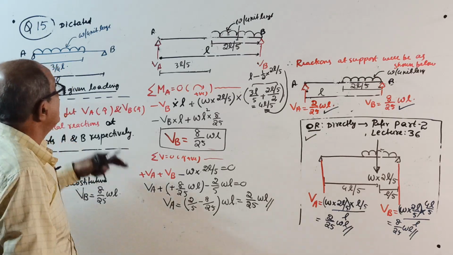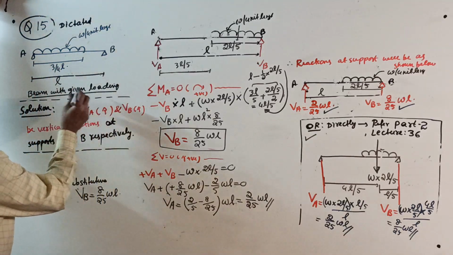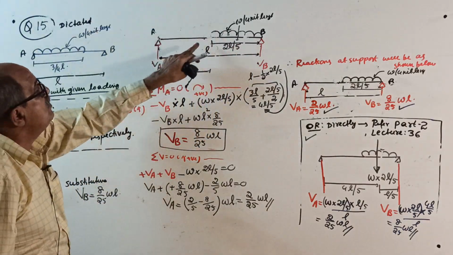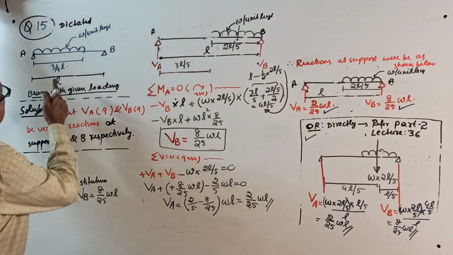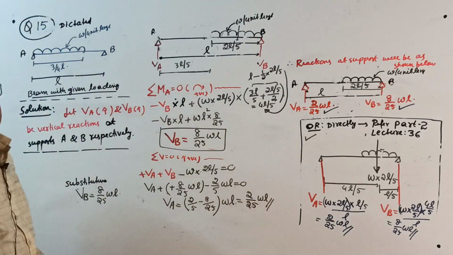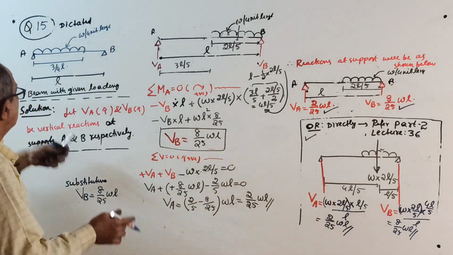Now that means, see here they told 2L by 5, it is less than half, so it will not come to the center. Here this is 3/4 L, so it will cross the center and go that side. It does not matter. Okay, start.